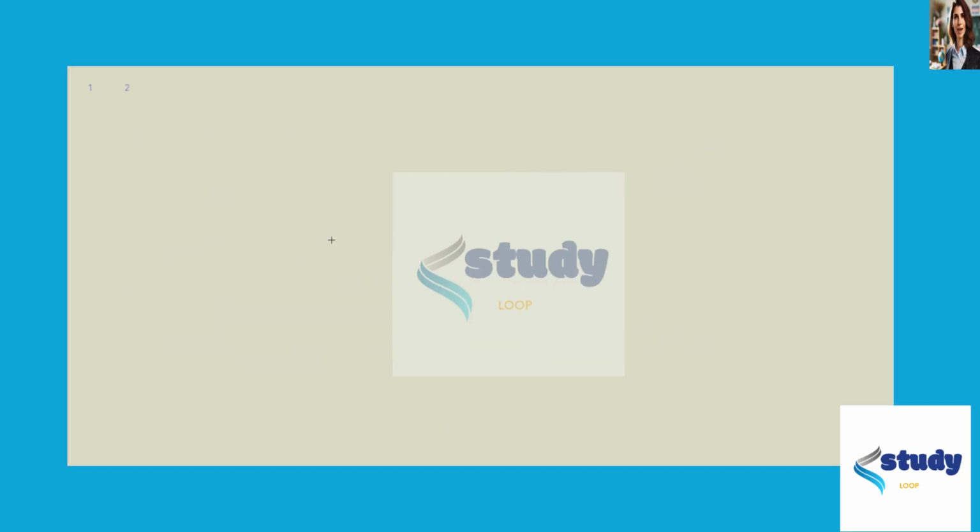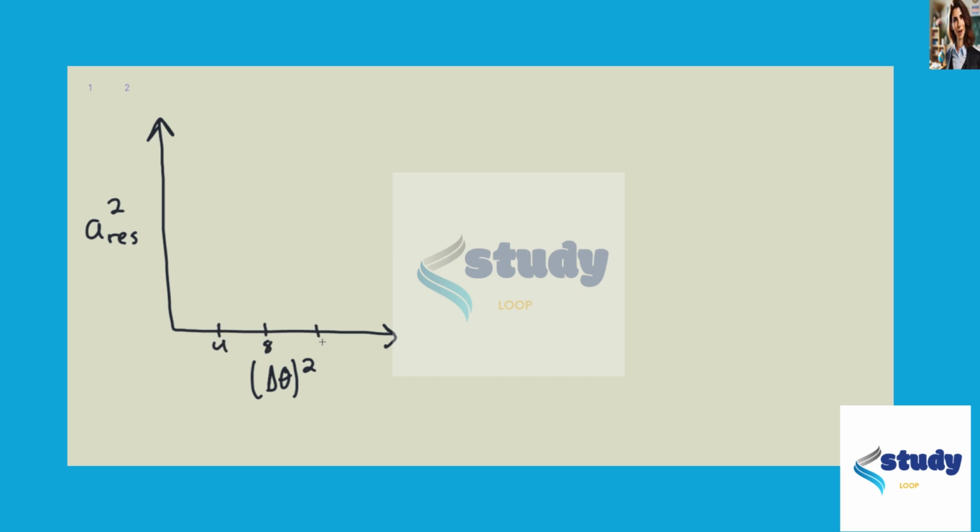equation. So if you were to graph this, we would have delta theta squared on the x-axis and a resultant squared on the y-axis. And if this is 4, 8, 12, 16, it would look somewhat like this if you were to graph it using Excel or your TI-84, TI-85, or TI-89.